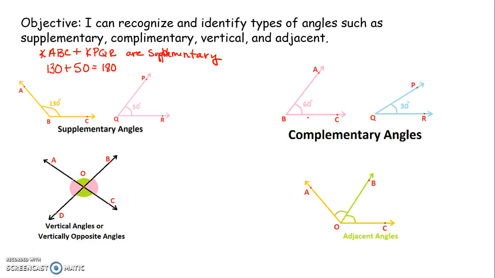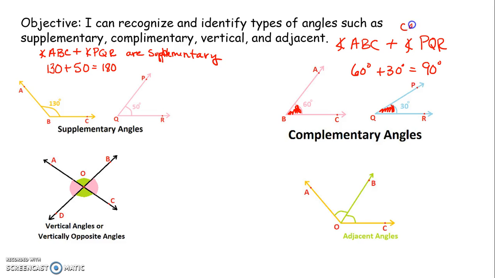Another pair of angles you need to know about in 7th grade are complementary angles. If we take angle ABC and add to that the measure of angle PQR, those are complementary angles, because the measure of angle ABC is 60 degrees, and we add to that the measure of angle PQR, which is 30 degrees, and we come up with 90 degrees.